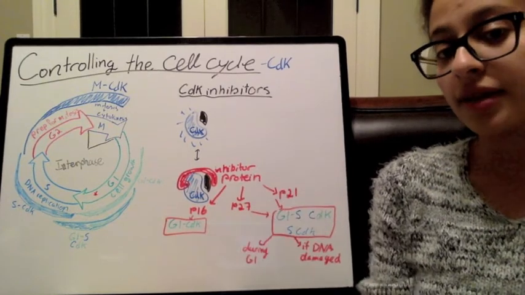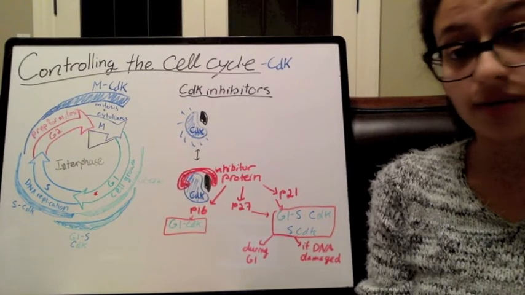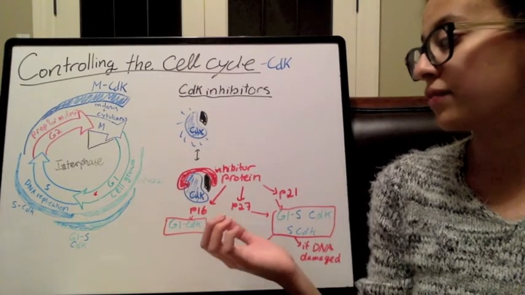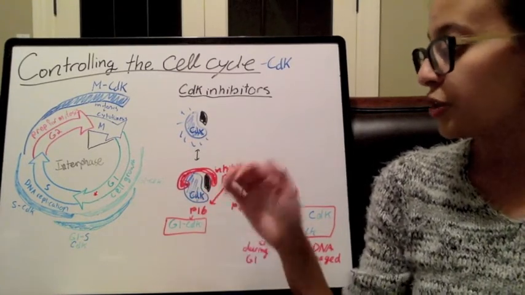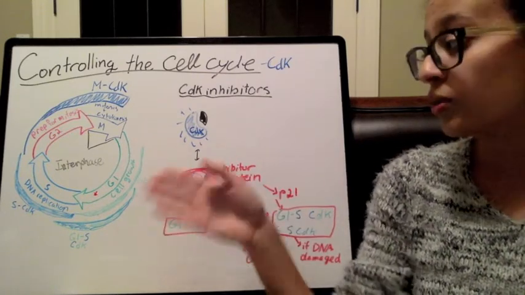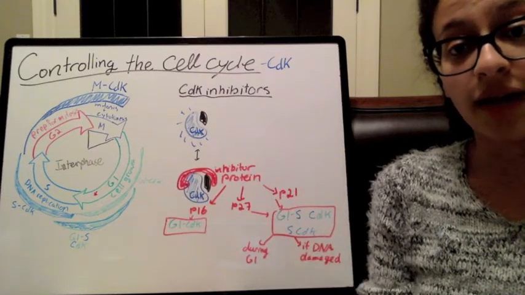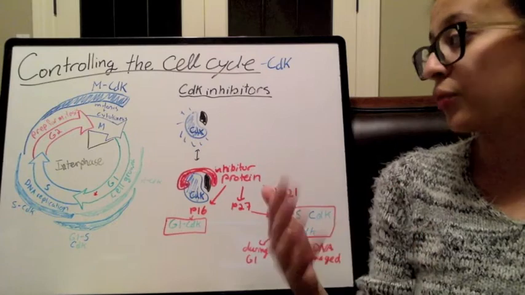But often, this protein is going to be inactive in cancer cells. If it's inactive, it's not going to be able to inhibit G1 CDKs, and therefore the cell will just continue going into DNA replication and have this uncontrolled growth and division.